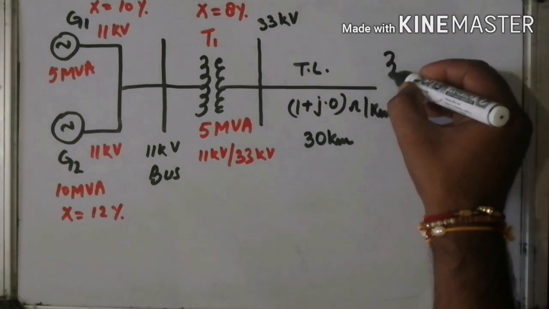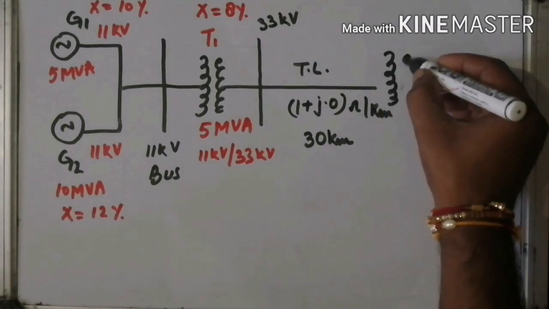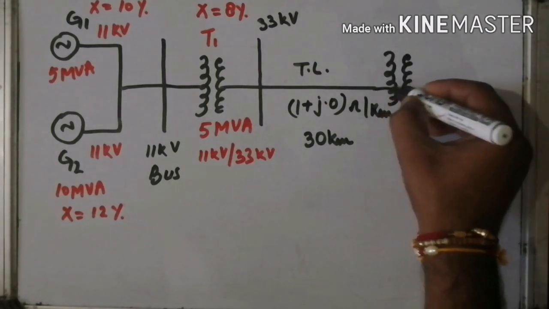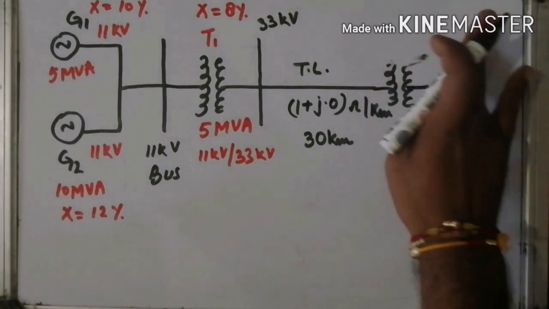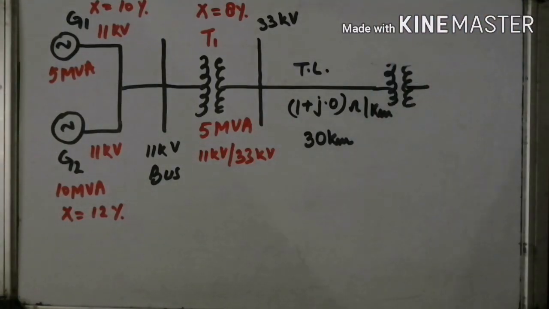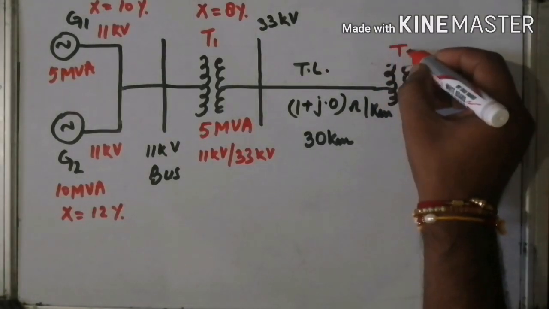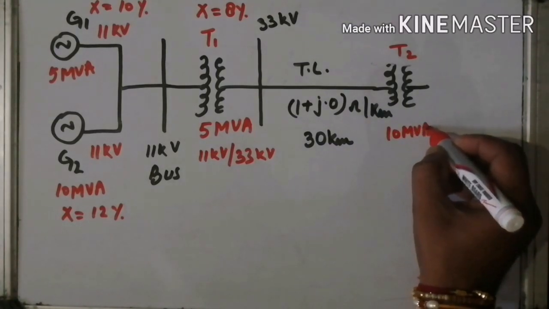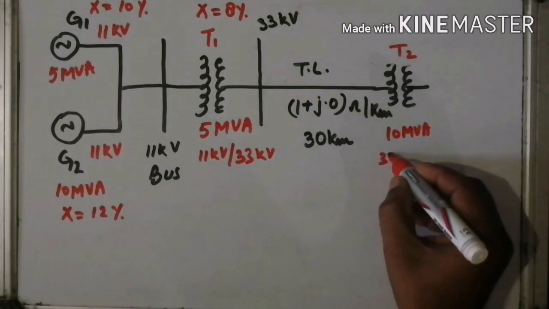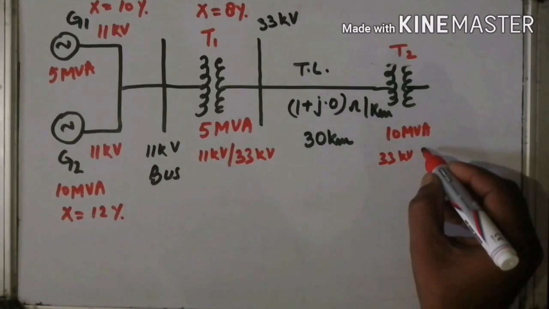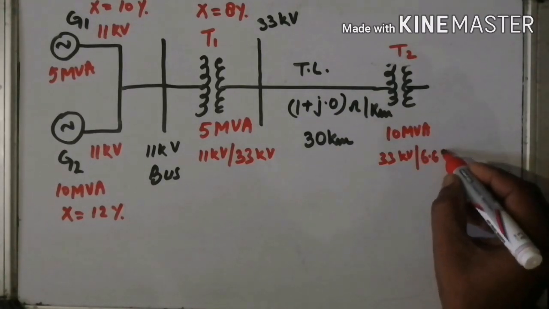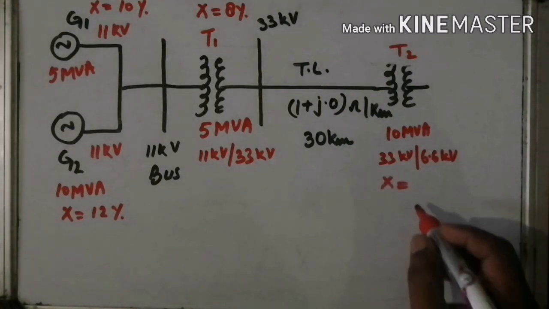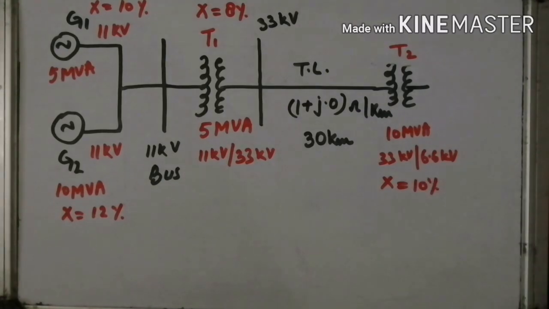After that, there is a transformer, it is T2, 10 MVA is the rating, 33 kilovolt delta 6.6 kilovolt and reactance 10%.